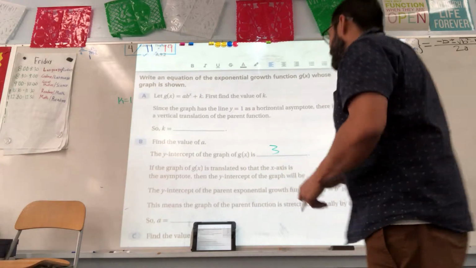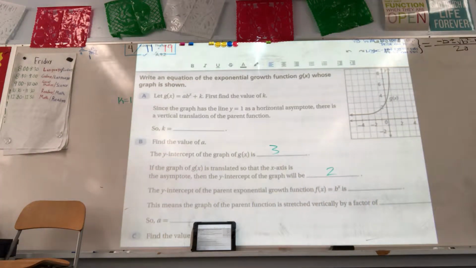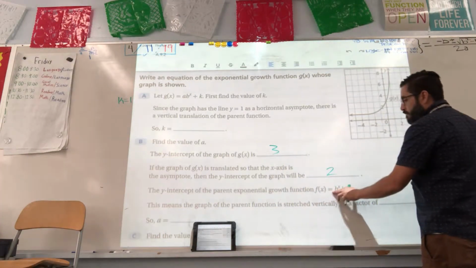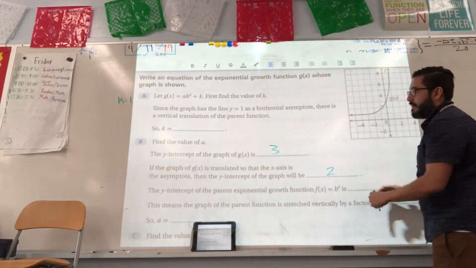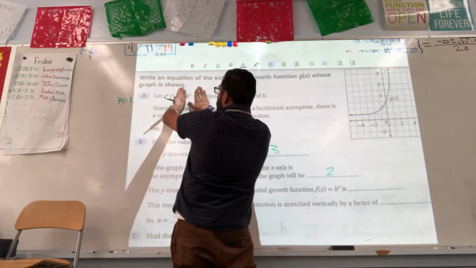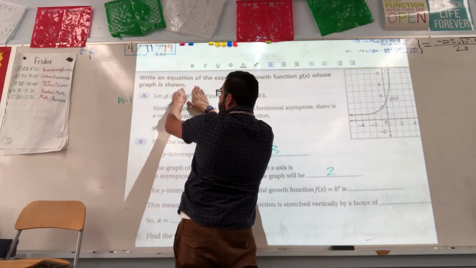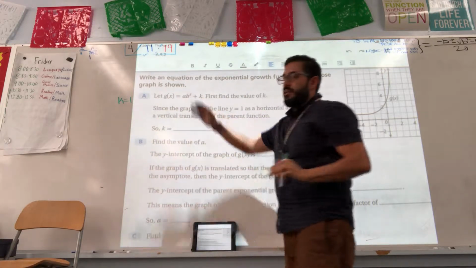All right, the y-intercept of the parent exponential growth function, f of x equals b to the power of x, all right, the parent function. Just what factors are we multiplying everything by? What is the original thing that we're looking at? B to the power of x.